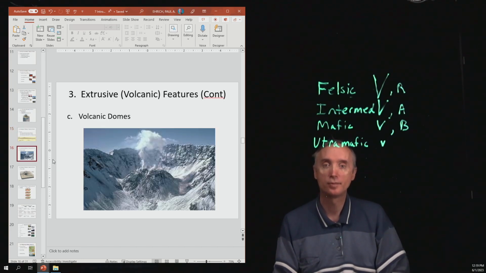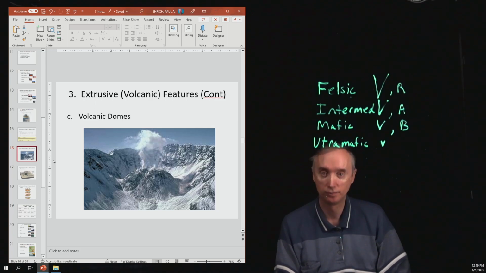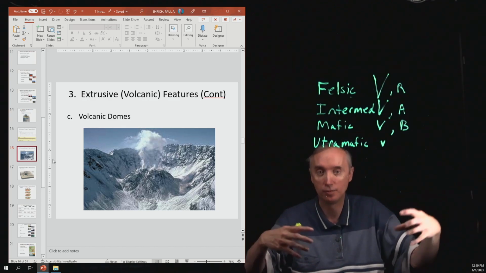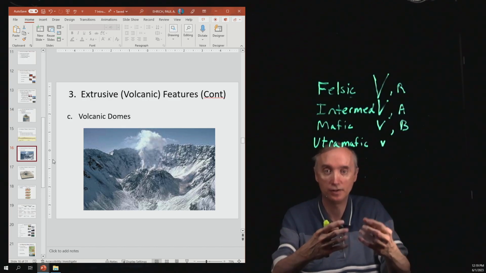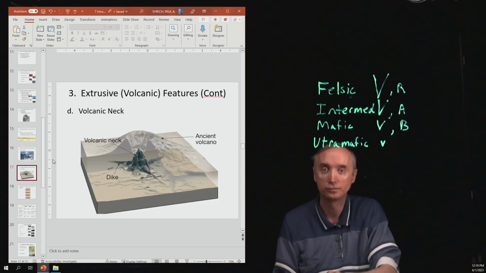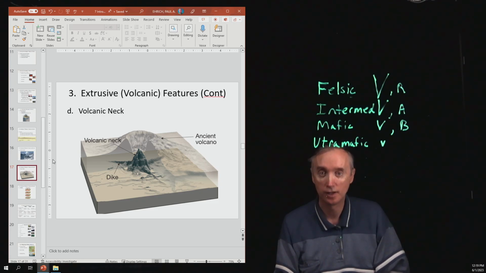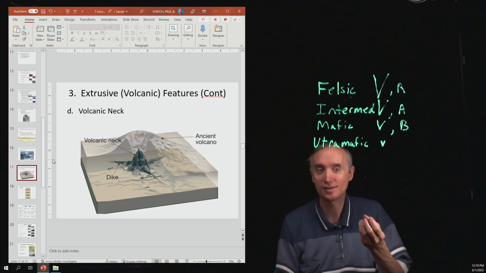Okay, we have already talked about what a volcanic dome is. This is where the ground is being pushed up by the magma that is underneath it. Now what can happen is a volcano can be eroded away, and it can leave behind the more resistant material that was in the neck of the volcano.